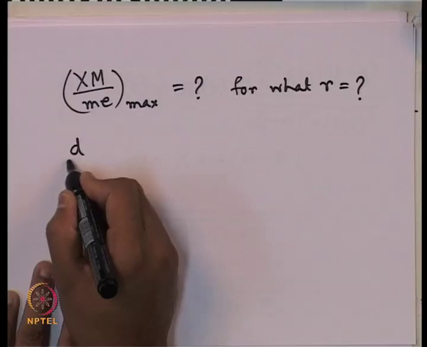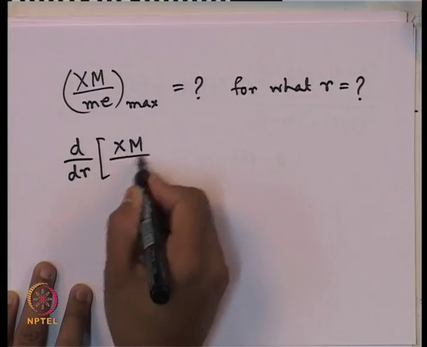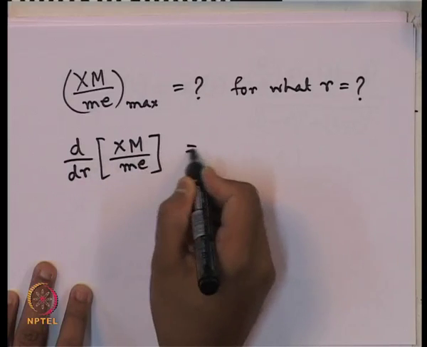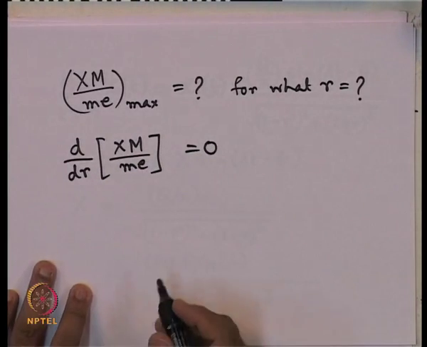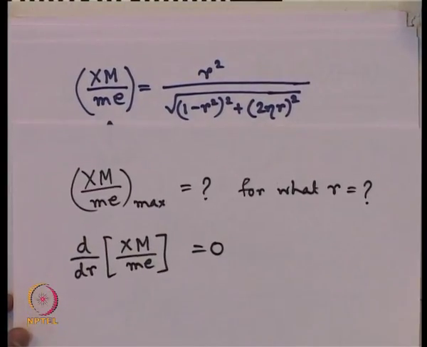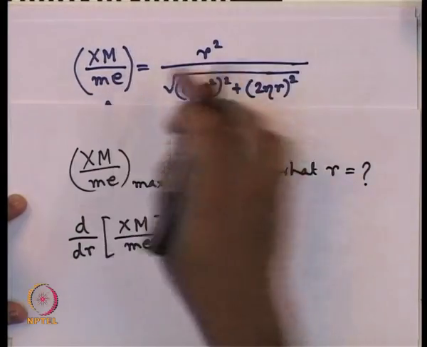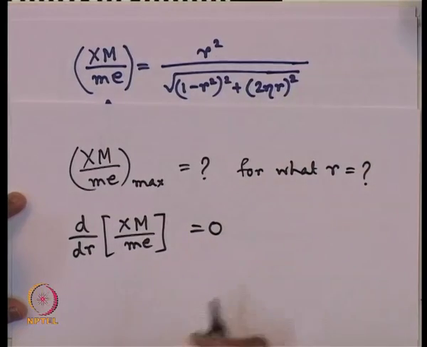That means, we do this operation again, d by d r of x m by m e equals to 0. From the expression of this x m by m e, differentiate this term with respect to r and equate it to 0.